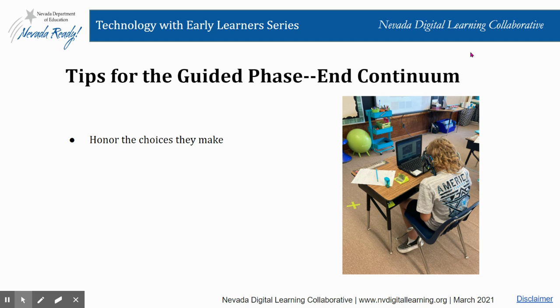If they choose to use a tool that we think is not going to work, we have to let them try it. Because again, there's so much value in that struggle and realizing that maybe the tool isn't going to work the way that we thought. But there's also value in us realizing that students can get really creative and use tools in a way we didn't even know that they could be used. So we want to honor those choices.